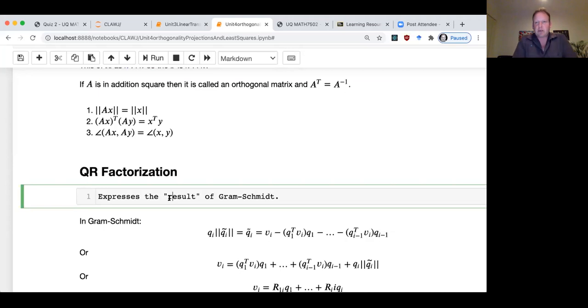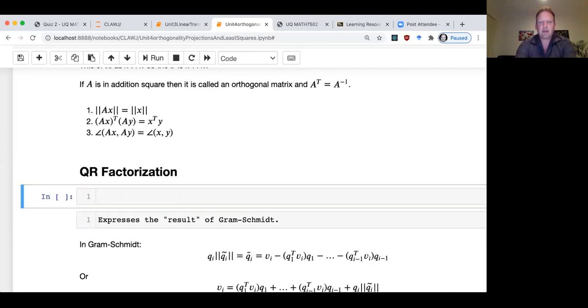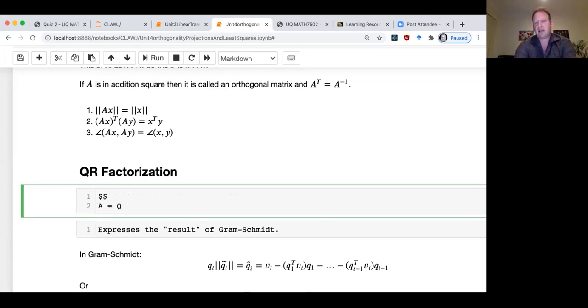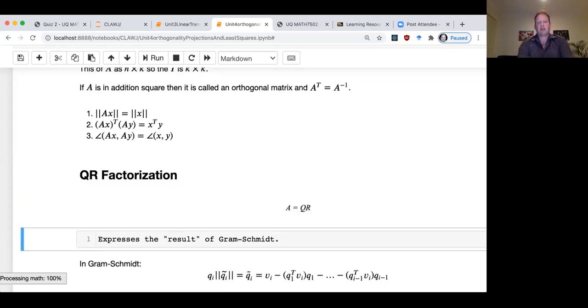Okay, so next 50 minutes. QR factorization. Remember the LU factorization? QR factorization is another one. We take a matrix A and represent it as A equals Q times R. That's what's called QR.